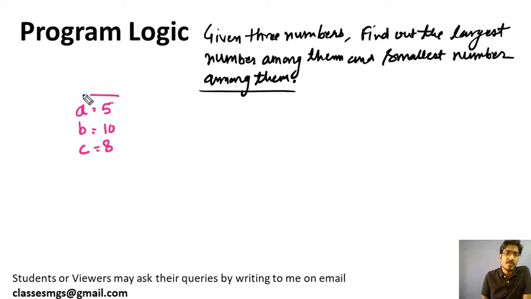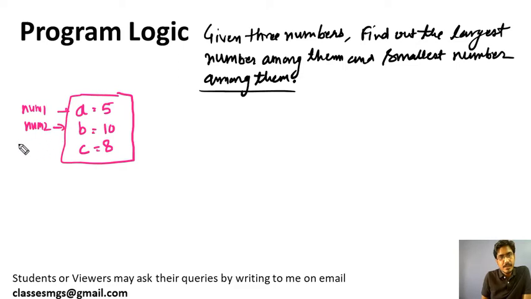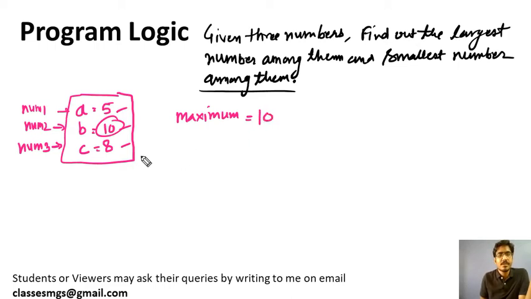This is number 1, this is number 2 and this is number 3. You are supposed to tell which is the maximum among them. You can see 5, 10 and 8, you can tell the maximum is 10.